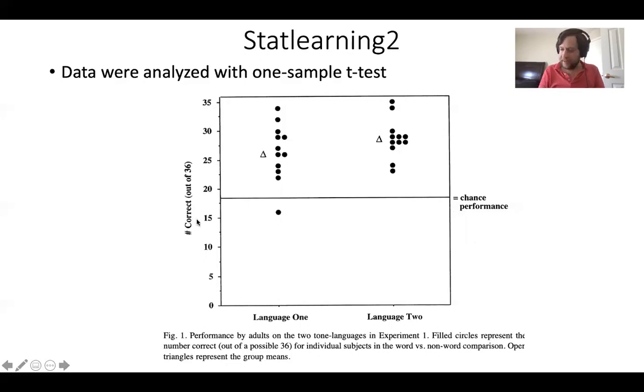And remember, on each trial they were given 2 choices. One of those choices was correct, one was not correct. One of those choices was a tone word, the other choice was not a tone word. And so it's getting back to the thing that I talked about earlier about chance performance, probability.